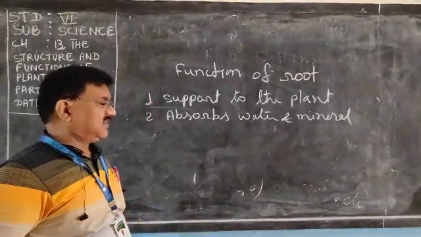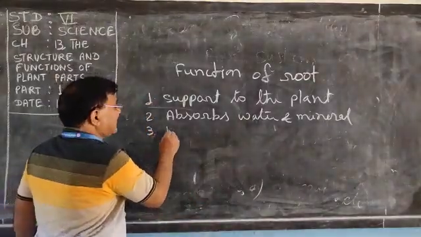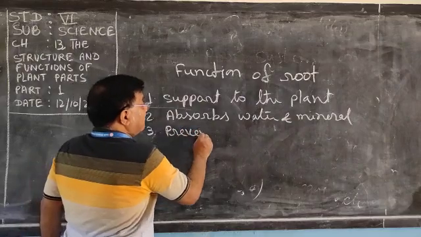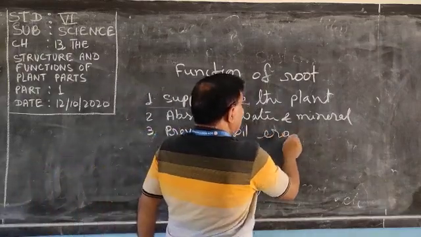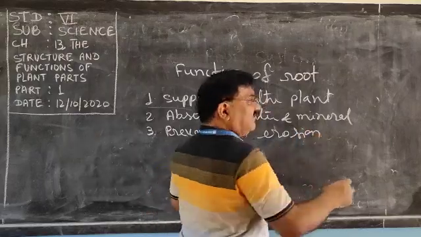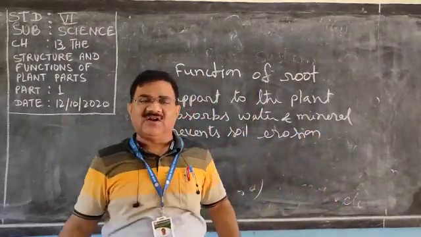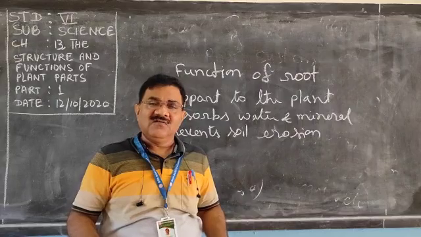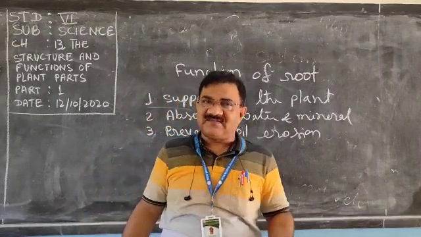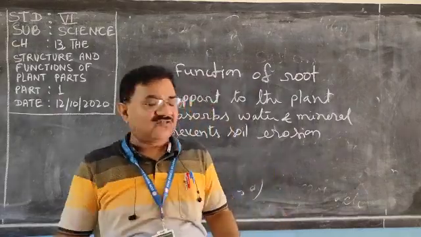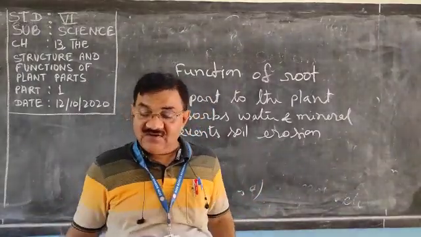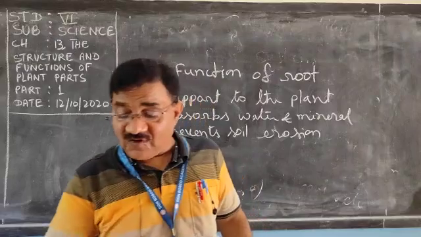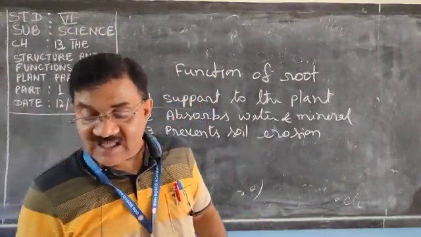Roots prevent soil erosion. It means that otherwise the soil would be carried by rainwater or wind from one place to another. That process is called soil erosion. These roots hold the soil, so the soil will not go from one place to another.